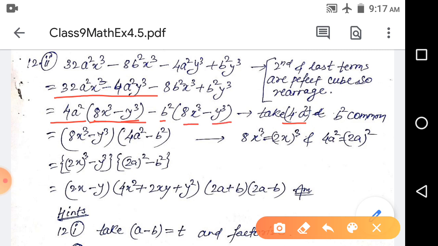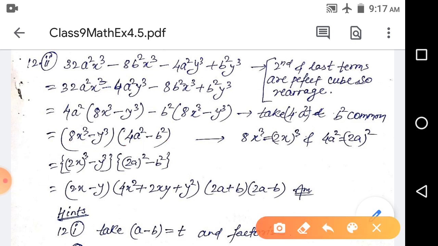Similar terms are there. So now after that, this bracket term can be taken out common, and what is left here is 4a square minus b square. Now we have the difference of two cubes. In the first bracket is the difference of two cubes, and here it is the difference of two squares. So for both we have the formula.